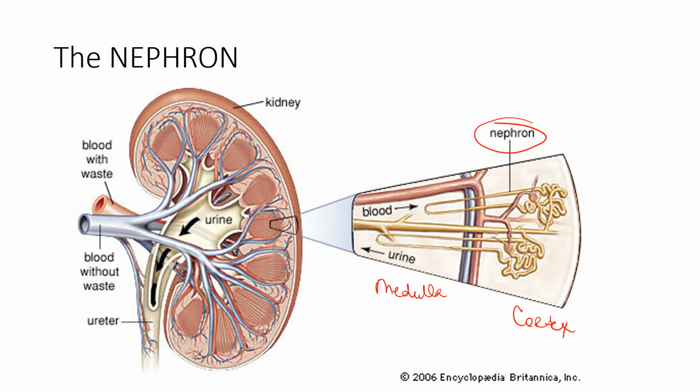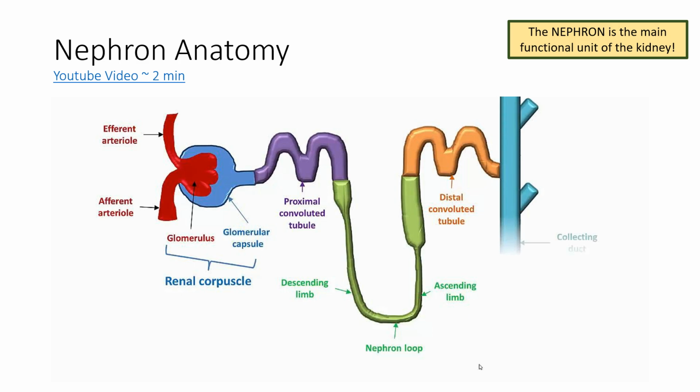A lot of filtration happens up here as well, but there's also blood filtration happening throughout the entire length of that nephron. Once urine gets made, it's going to get dumped from the collecting duct and then out into the ureter to go outside the body.